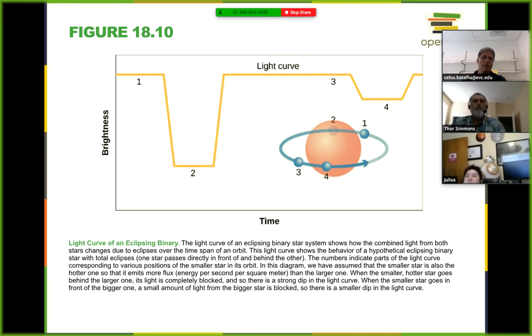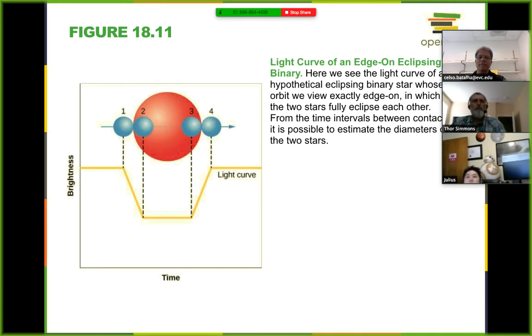And sometimes they have 3 members or 4 members, quadruple systems, 4 stars going around a common center of mass. And you can use photometry to indicate not only the mass of the stars, but also their size and their evolutionary status.